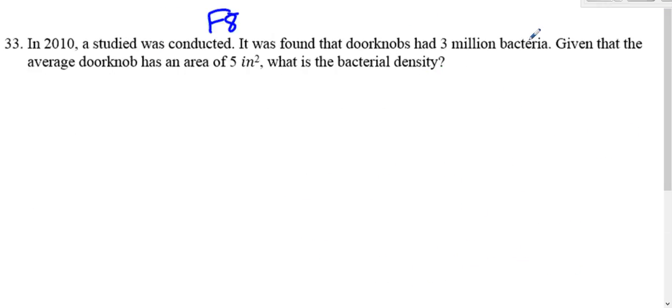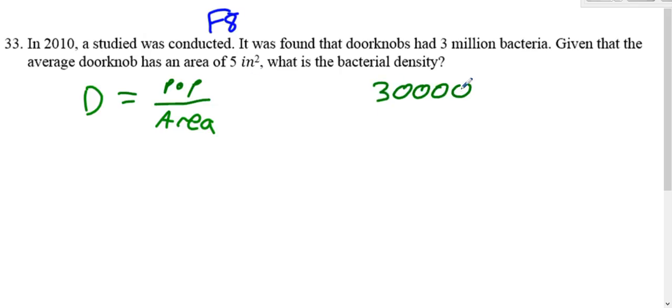So here we have a bacteria density from framework 8. Density is always mass or population divided by volume or area. So density equals population divided by area. The population is 3 million. And the area is 5.